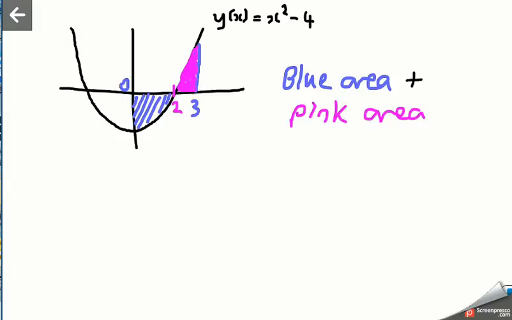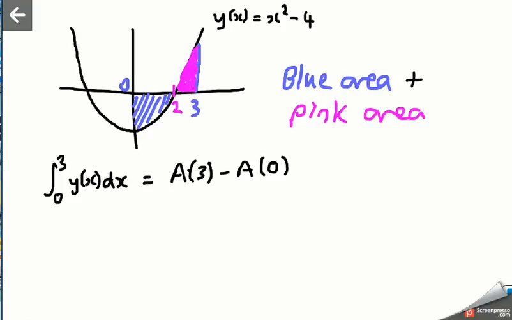Well, let's make an observation here. Think back to the first video again where we talked about the area function or the antiderivative. The definite integral from 0 to 3 of y of x dx is going to be equal to a of 3 minus a of 0, where a is the area function or antiderivative, whatever you want to think of it as.